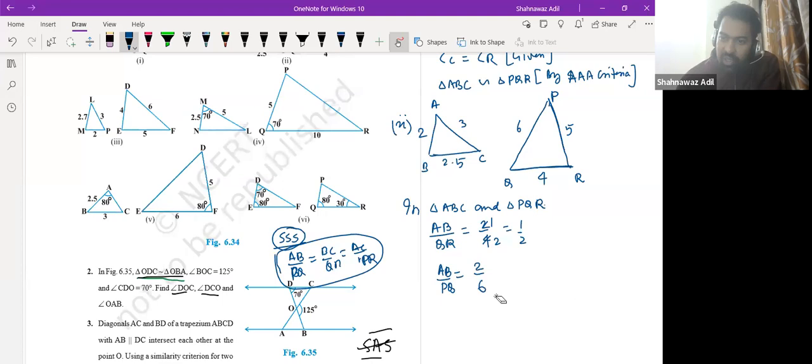That would be 2 by 6, 1 by 3. Then if I compare it with BC by QR, that would be 2.5 divided by 5, which is 1 by 2. So we have to choose the sides in such a way that the ratios are the same. Is it clear?